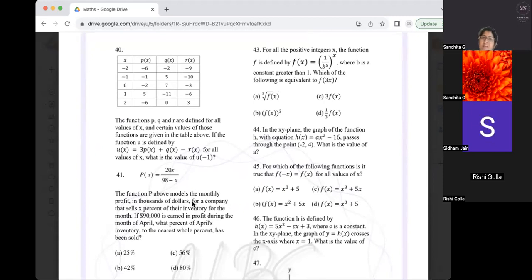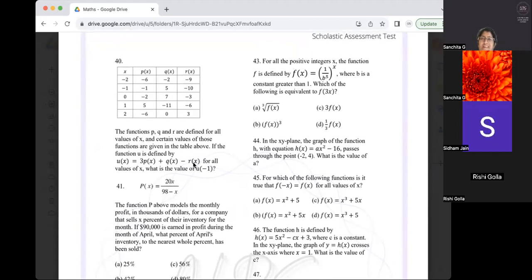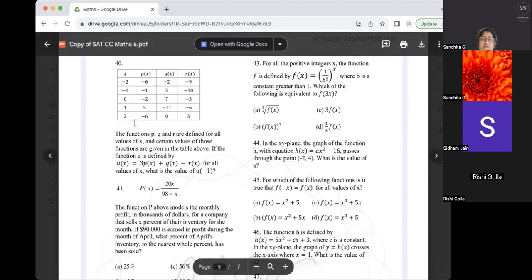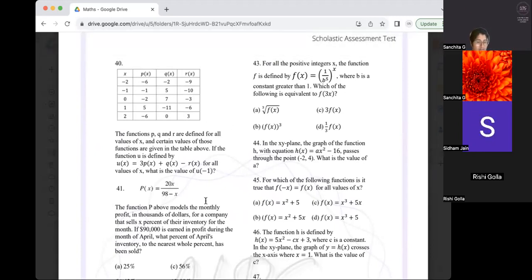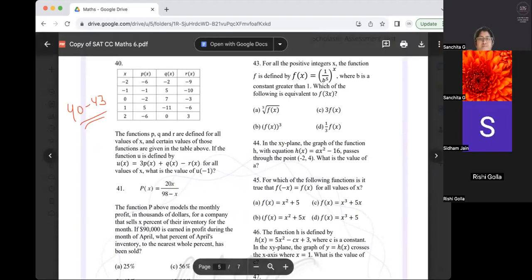You can start solving and we'll discuss it. Let's take 4 questions at a time, bite size: 40, 41, 42, 43. Let's go. Good questions, guys. Let's try it out. Just input, output. That's it.